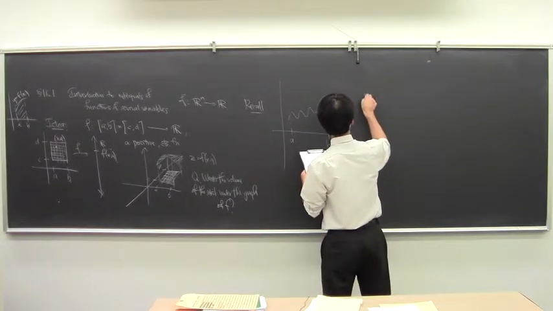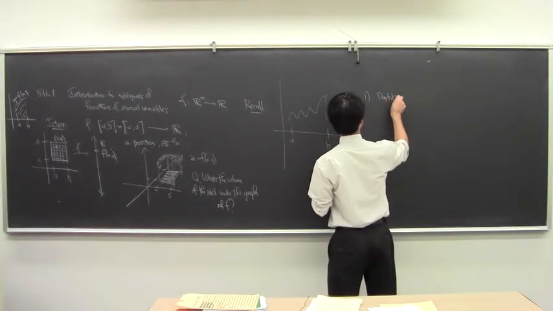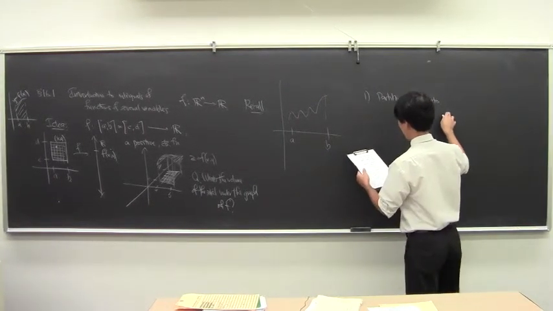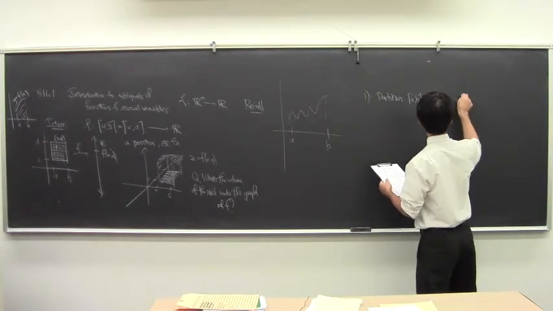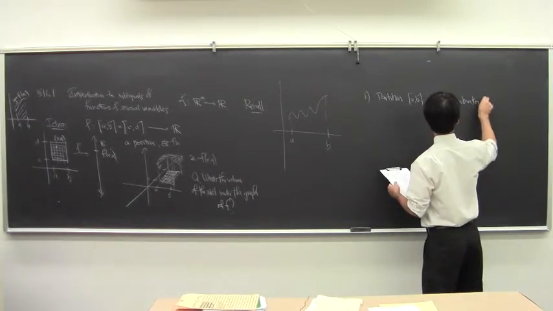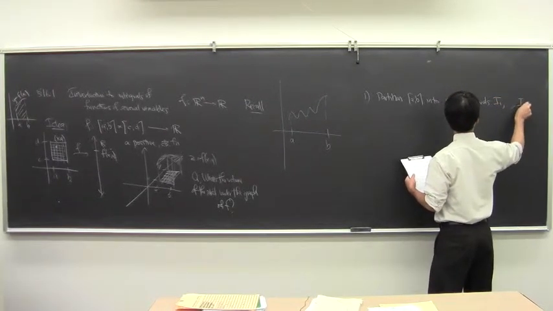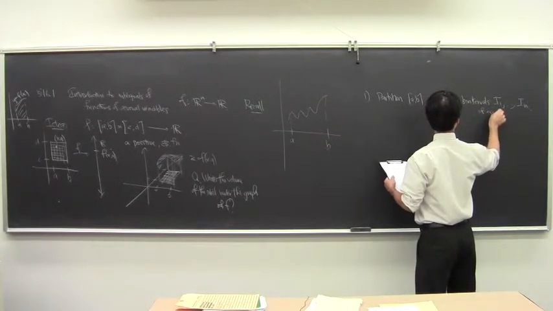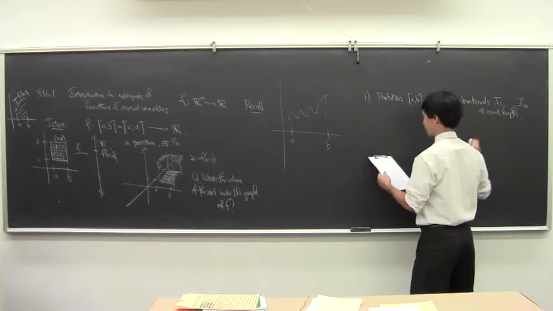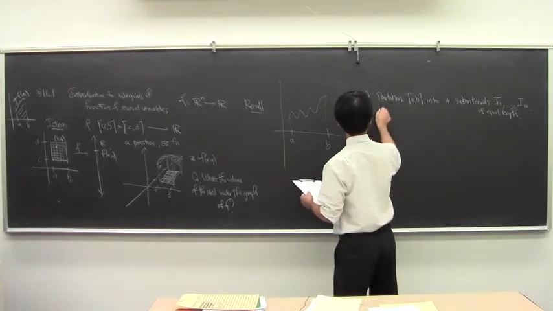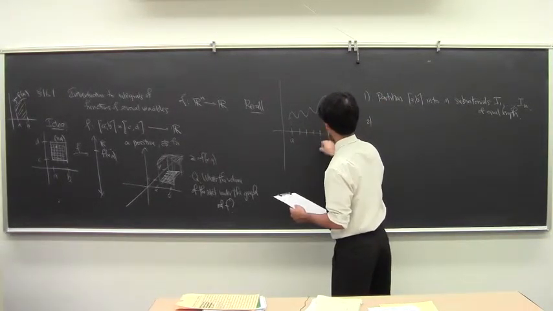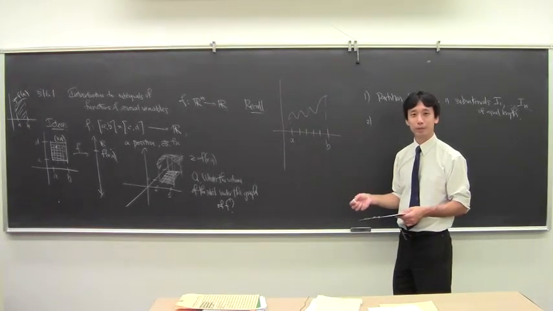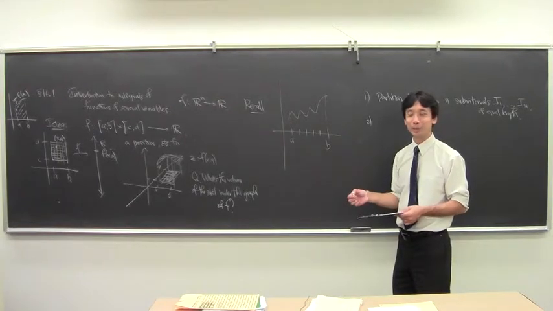So when you partition AB into say n subintervals, I1 through In, of equal length, then after you do that, what do you do? How did you guys do it? There are a couple ways to do it, so I'm kind of curious.